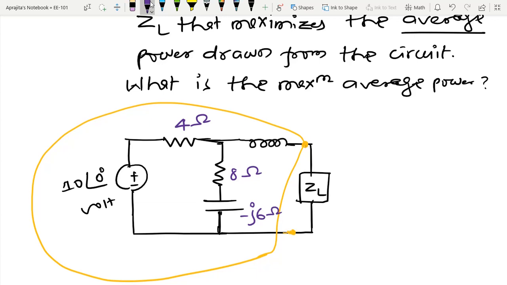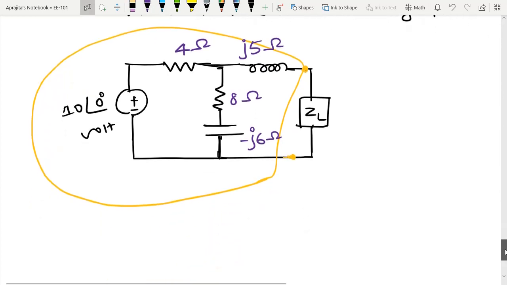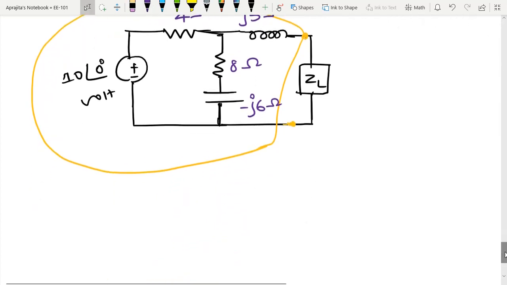Here J5 ohm. For this particular AC network, I have to calculate ZL such that maximum average power is transferred from this network to ZL.